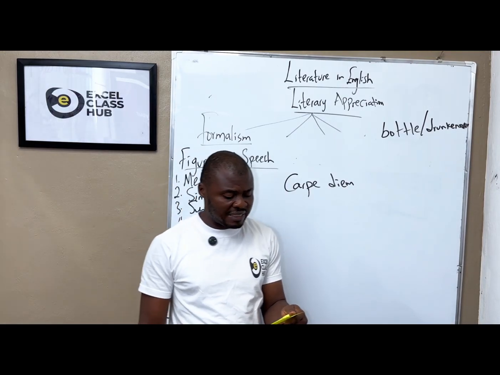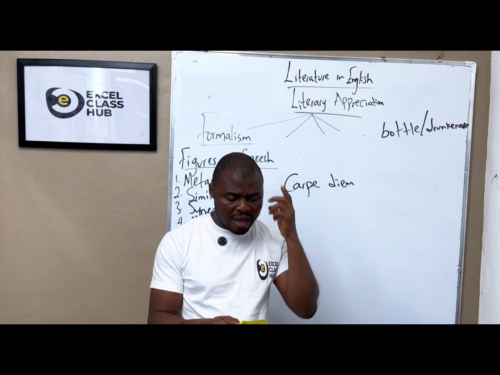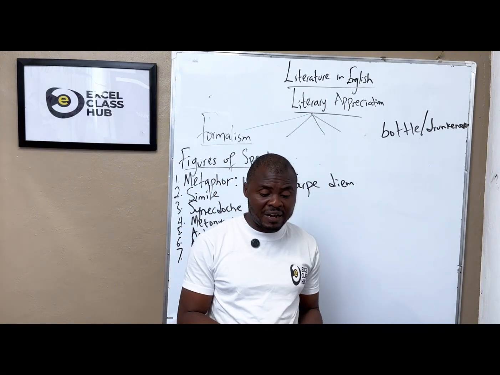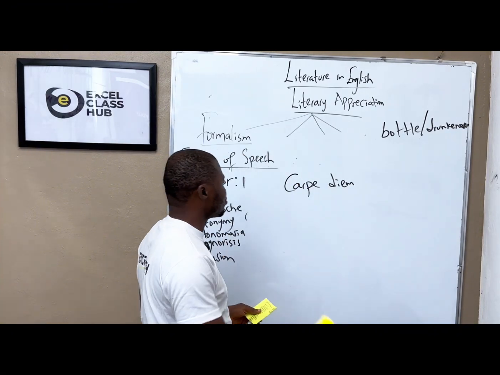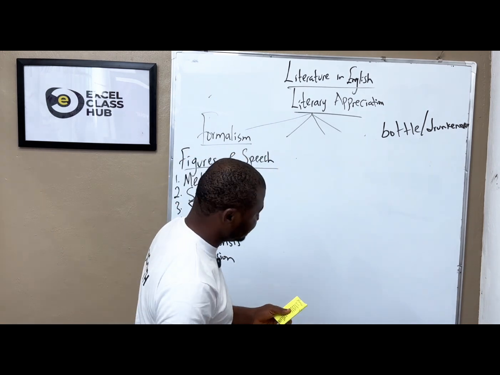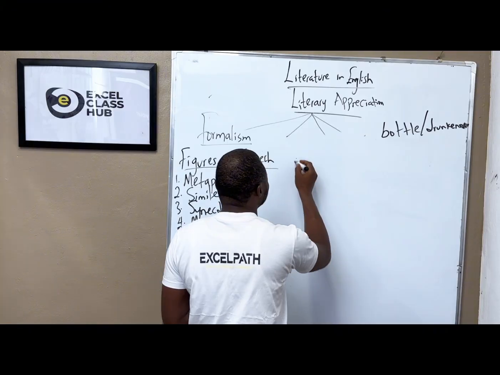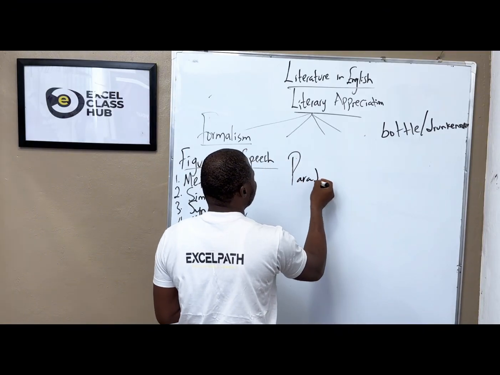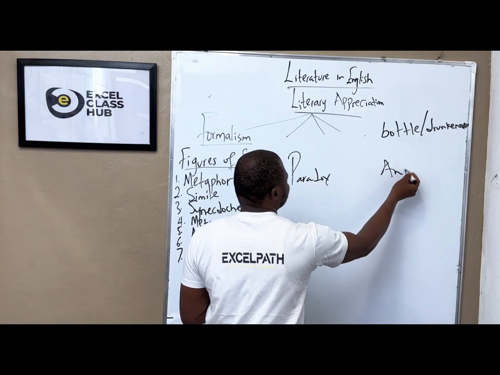Then another one is paradox. In fact, paradox and antithesis, they look alike. So I want us to look at them. Paradox and antithesis. Where are they related? First look at them. Paradox, then antithesis.